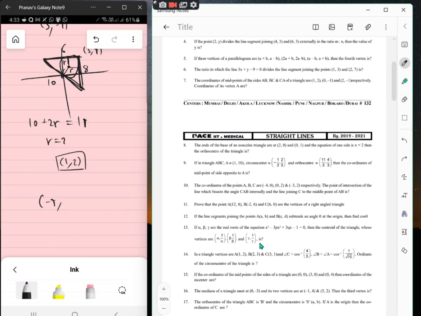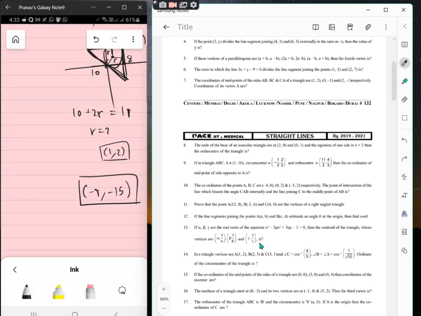And 2 plus 4 is 6. 6 plus y is negative 9, so y is negative 15. There we go. Third vertex, it's question number 16.